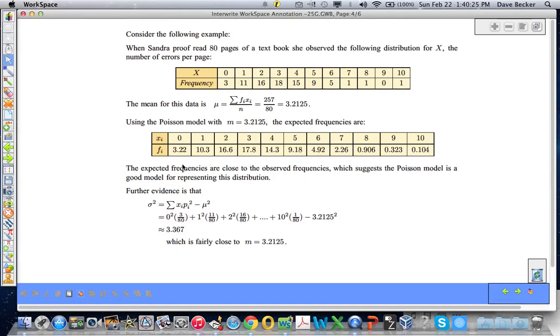Now, the Poisson model is for a specific instance. So if we're doing frequencies here, once we get that value, we have to multiply it by the number of trials or number of pages or whatever, which would be 80. Okay, so we get 3.22, and these are probabilities, 10.3, 16.6, and so on.